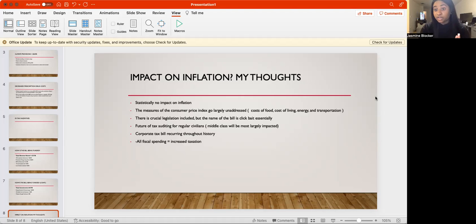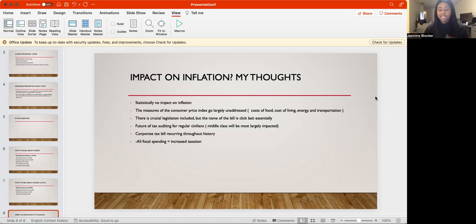We're not going to see an increase in GDP for at least a decade from what's being projected here. And again, as I said earlier, there is a lot of crucial legislation that's bundled up in this bill. But I do think that calling it an Inflation Reduction Act is basically clickbait. That's just how I look at it.